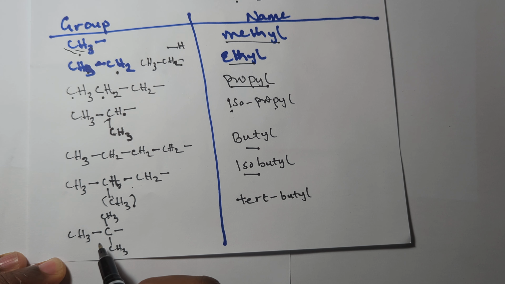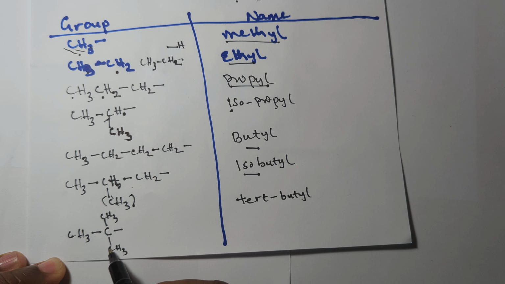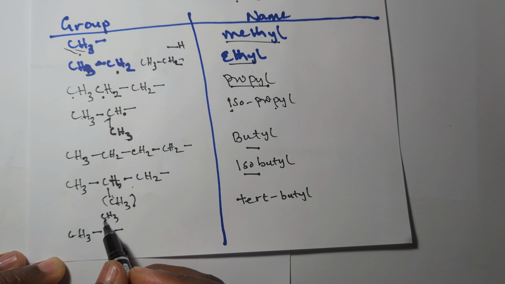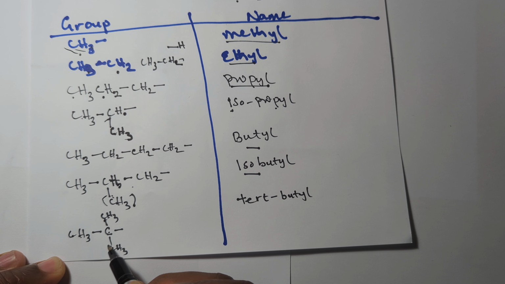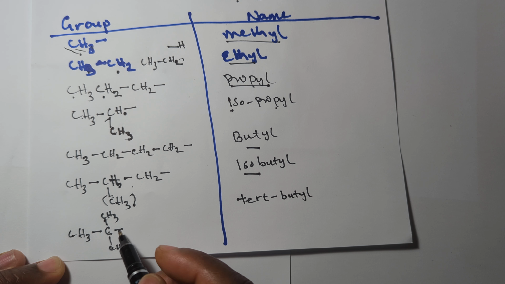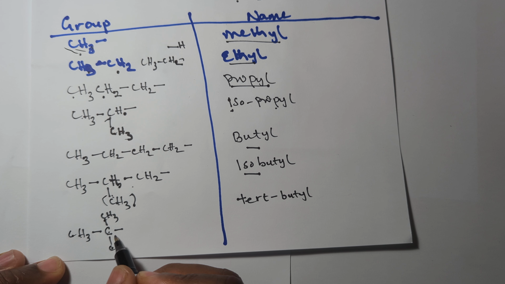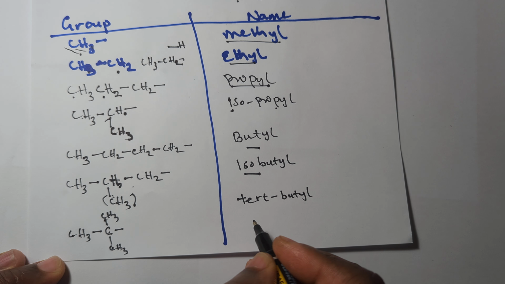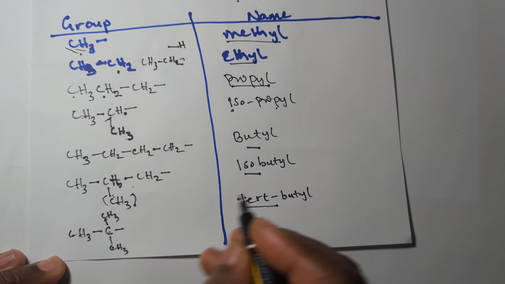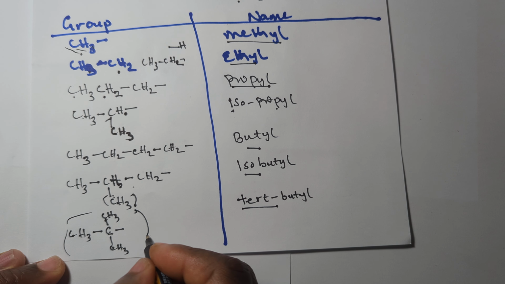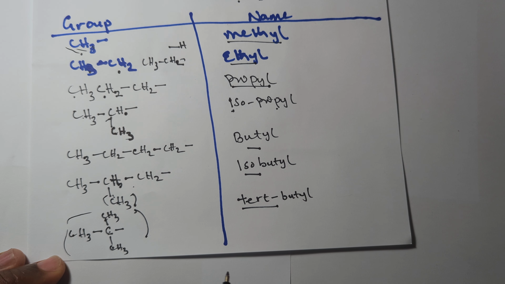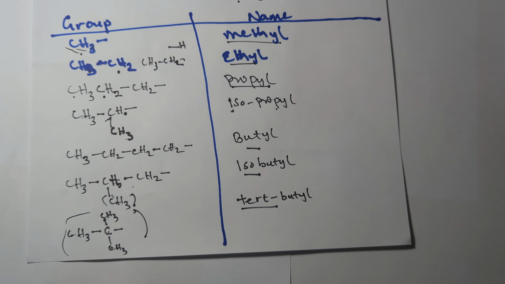If this carbon is bonded to two carbons, we call it secondary carbon. If it is bonded to 3 different carbons, we call it tertiary carbon. If it is bonded to just one carbon, it is primary carbon. So here we call it tertiary butyl.